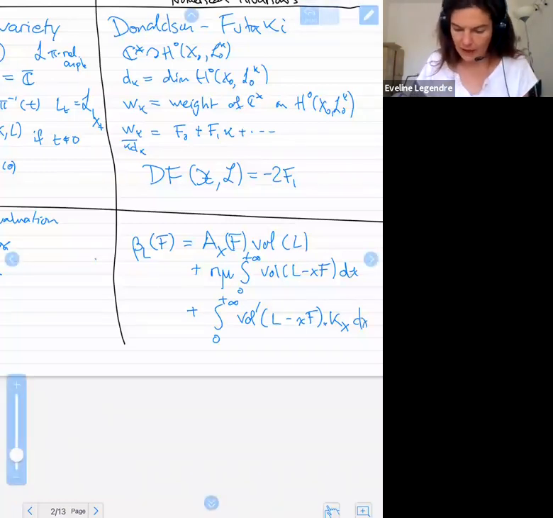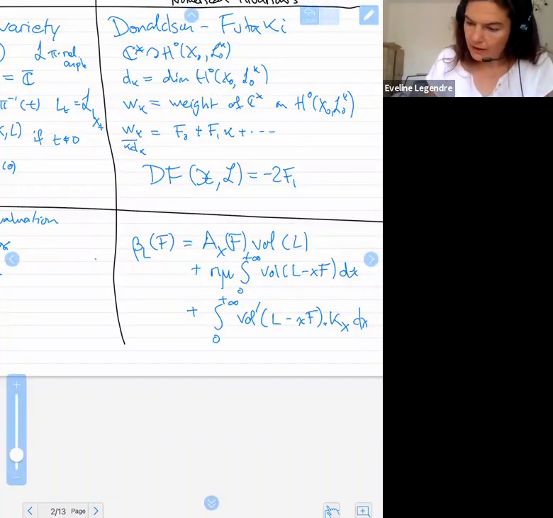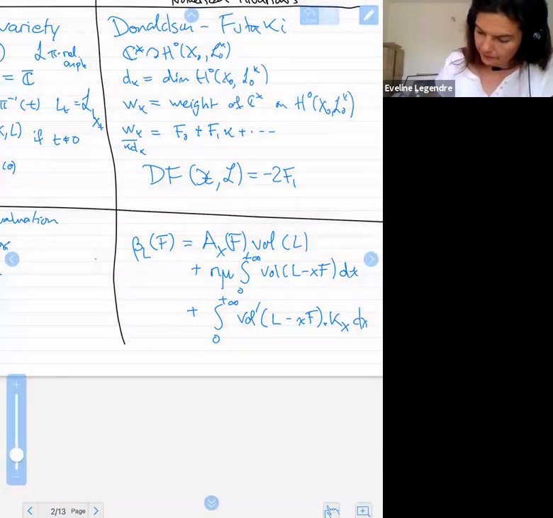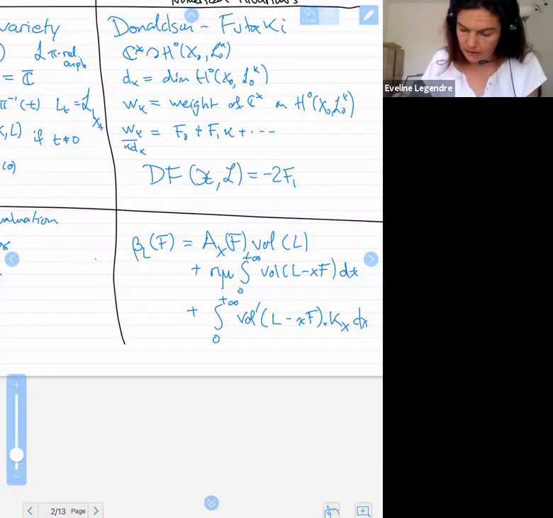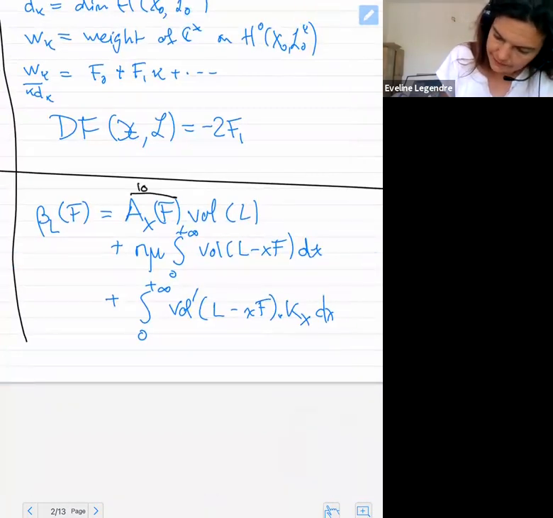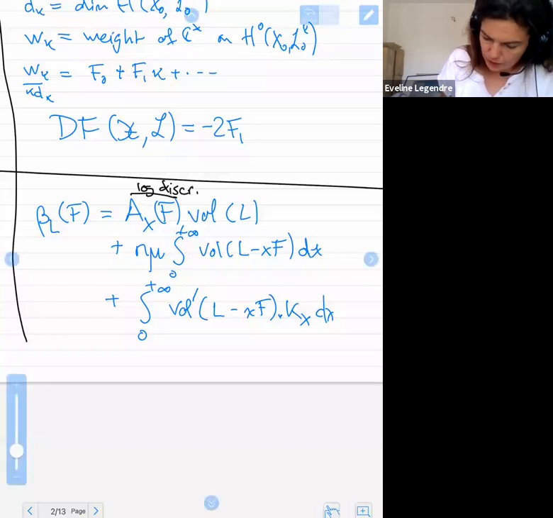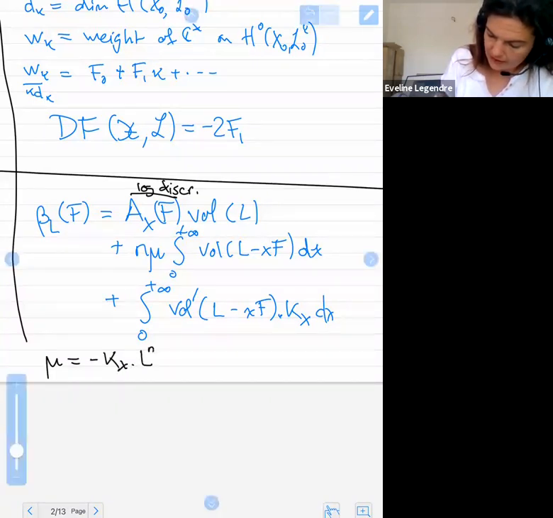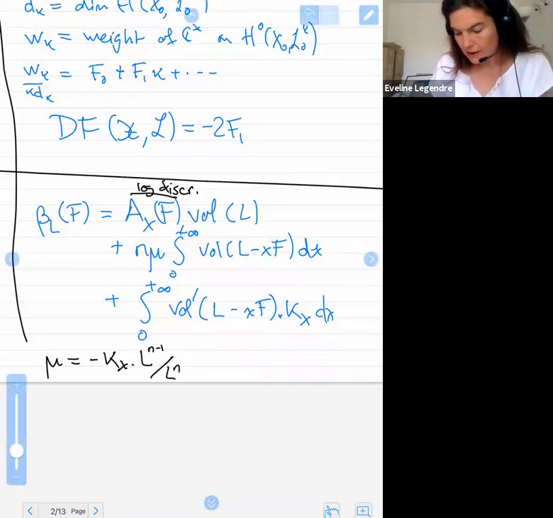Okay, so here this is the log discrepancy. And mu is just an intersection number, minus K_X with L^(n-1) divided by L^n.